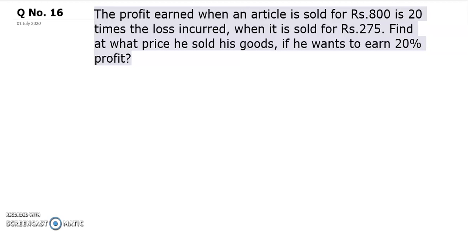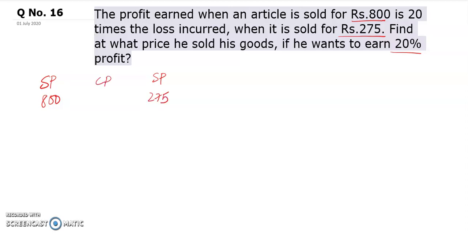Question number 16. The profit earned when an article is sold for rupees 800 is 20 times the loss incurred when it is sold for rupees 275. Find at what price he should sell his goods if he wants to earn 20% profit. So in this question we have two SP. One is 800, which gives him a profit, and one is 275, which gives him a loss.